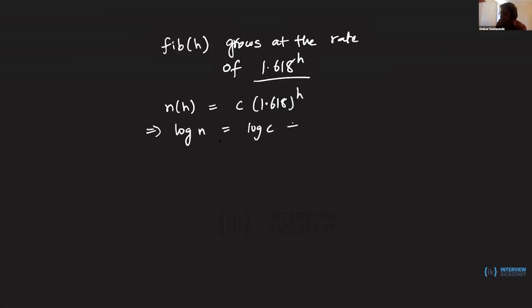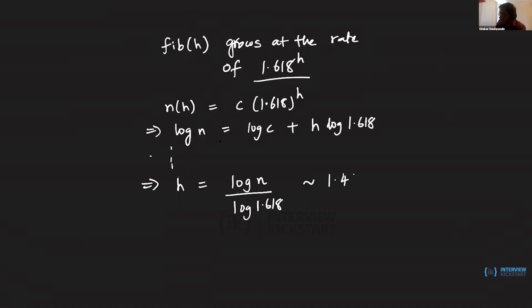Log of c plus h log of 1.618, and you can go through these steps to show that the rate of growth of h is just going to be log of n divided by log of 1.618, which is roughly 1.44 log n. If you just plug in the value for log of 1.618 and take the reciprocal of that, it'll come out to be roughly 1.44 log n.